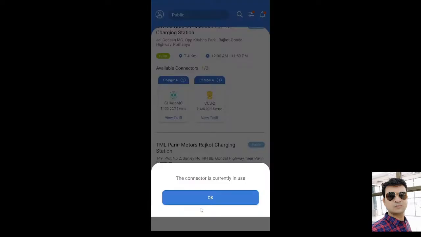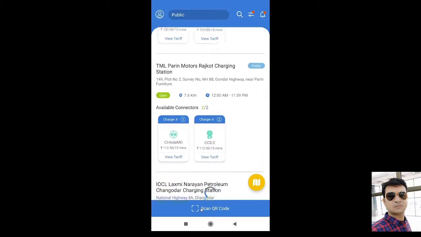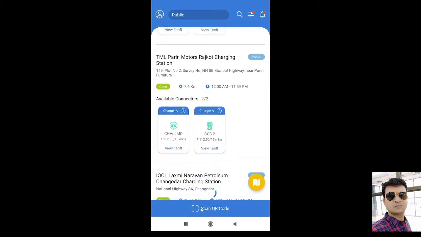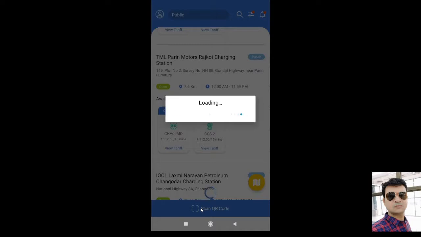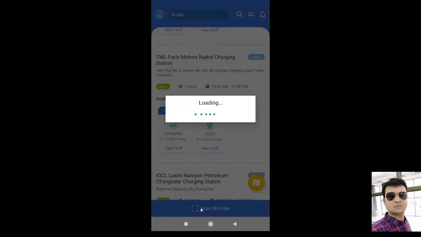This connector is currently in use, so we have to see another, yes, this one, because someone is already using this charger, so it will not give any information.